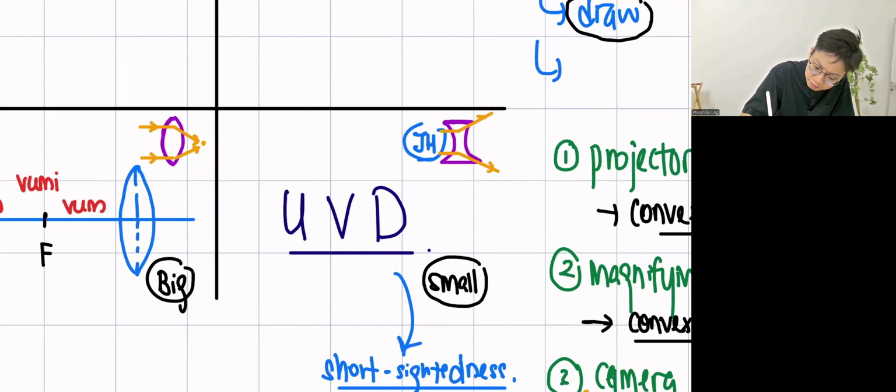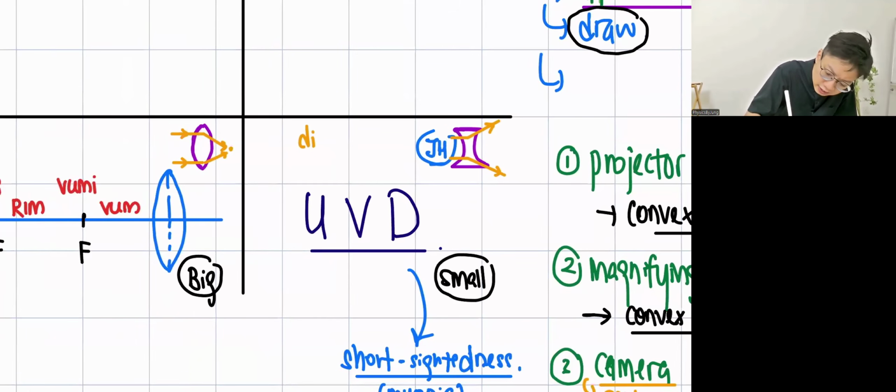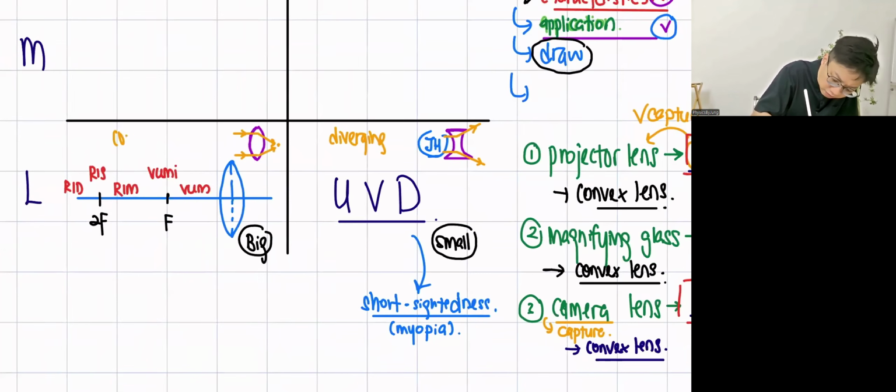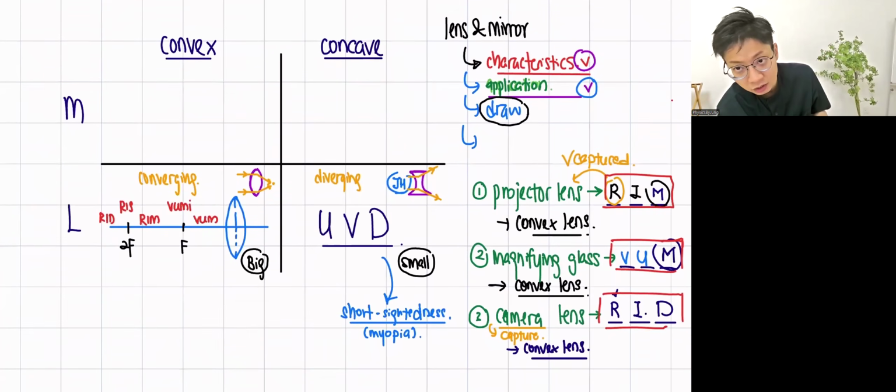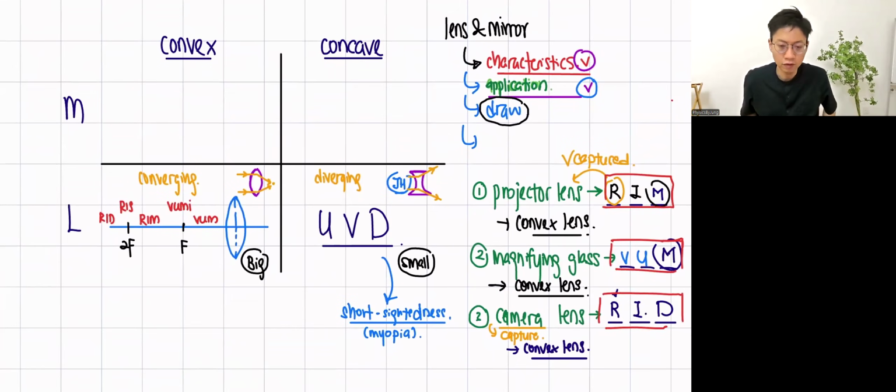So for a concave lens, this is diverging. Then this is converging. We have converging and diverging, two different ones.